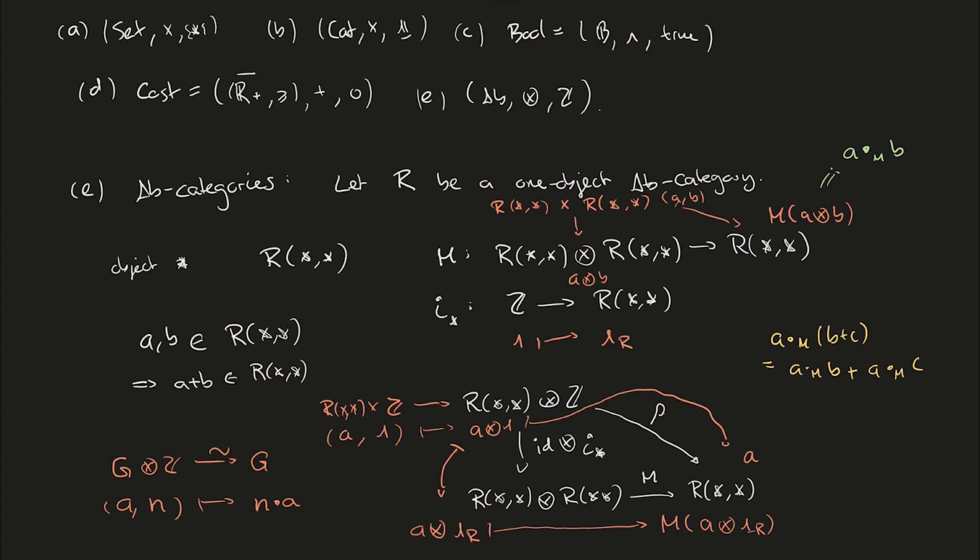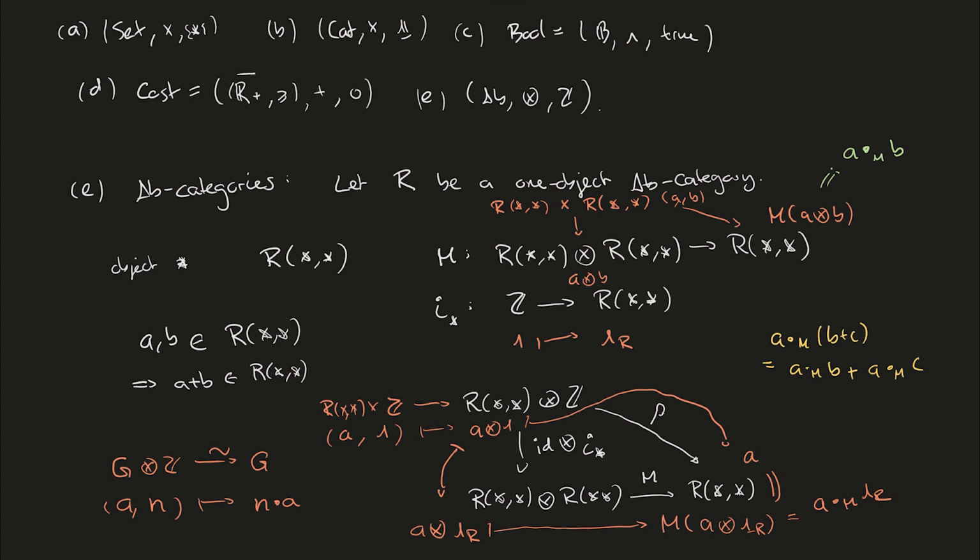Now, the commutativity of this diagram is stating that A is equal to the image under the composition of A tensor 1_R, and in our other notation, that is equal to A times M(1_R).